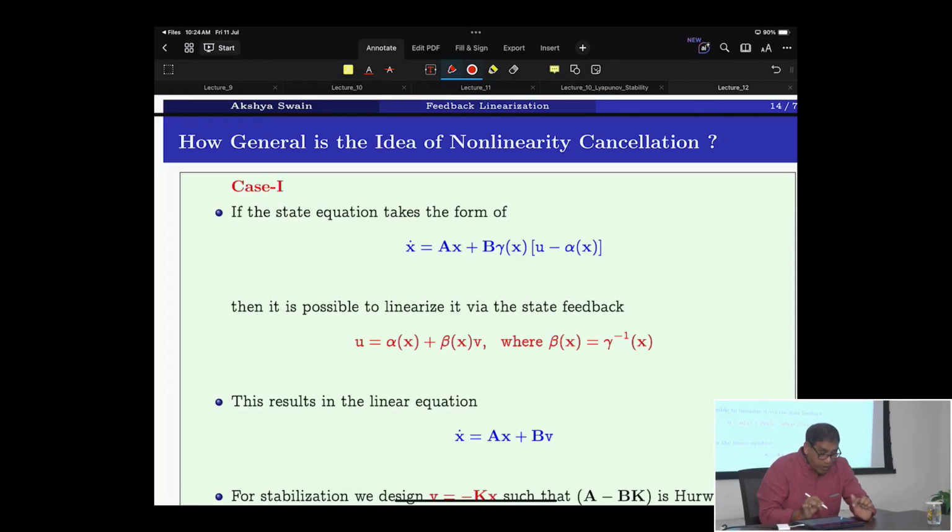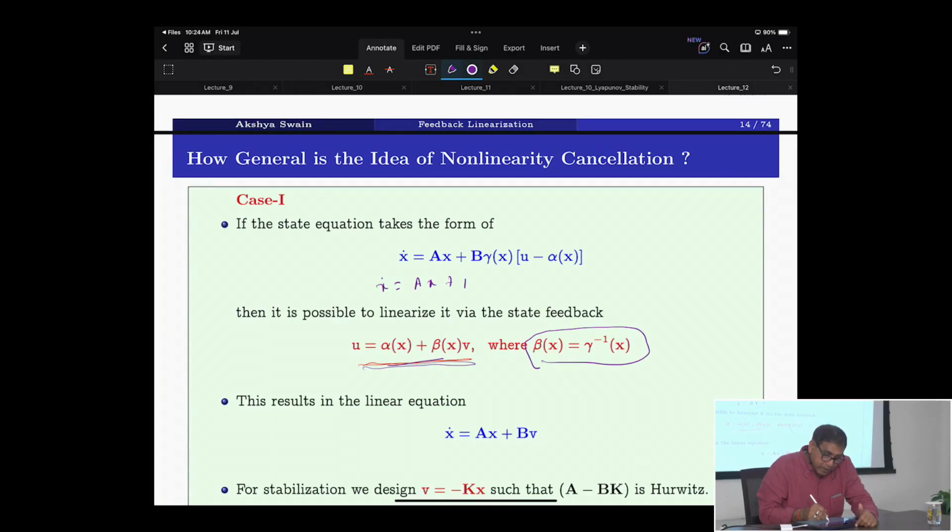Now see, if I make u equal to alpha(x) plus beta(x)v, where beta(x) is equal to gamma inverse(x), what will happen? Can you just tell me? You see, I am doing it here.